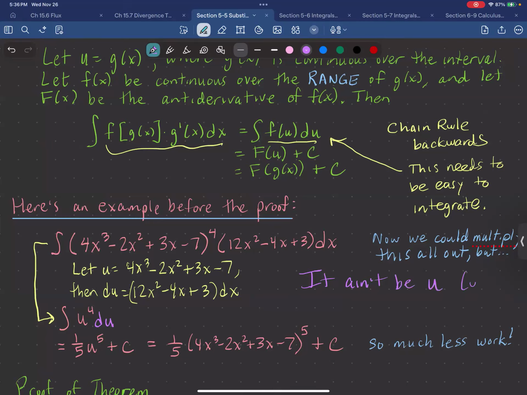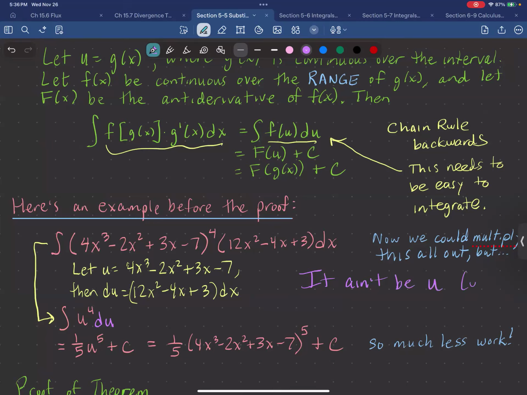But this here, now we're going to sub in our u. We got u equals g of x. So du is g prime of x dx. So that's my u, and that's my du. So I got f of u du.